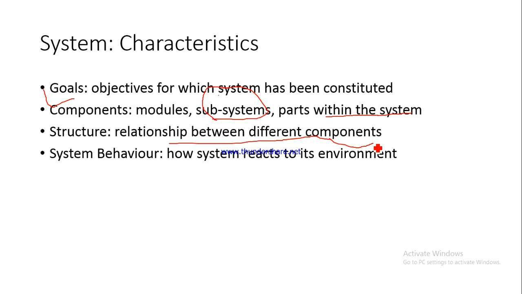Don't you think in this case we also will be reacting to this environment? We'll have a competition now, and don't you think we'll try to improve our efficiency, we'll try to improve our processes, we'll try to provide even better quality education to our students, because now we are reacting to the growing competition in the environment. So the system would react to the changes in the environment.